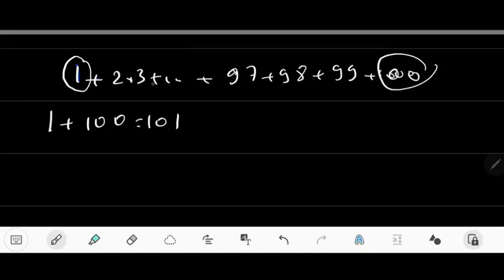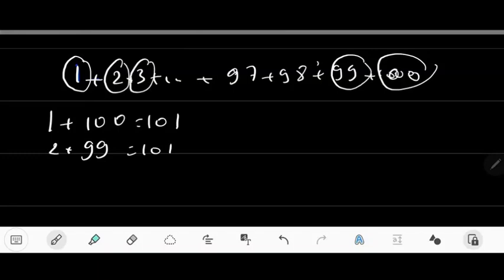And then if you take the second term and the one before the last one, it's 2 plus 99, it's 101. And the third term and the one before, 3 plus 98, it's 101, and so on. So you have always 101. So all you have to do is take 101 and multiply it by half the number of the elements.